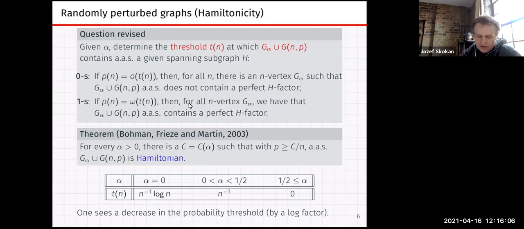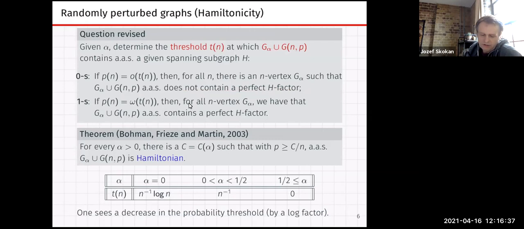So what does it mean? There are two parts to this story. One needs to show that if your p is little-o of this threshold function t(n), then for every n, you must be able to find one example of an n-vertex G_alpha such that if you take the union of G_alpha with G(n,p), then asymptotically almost surely it doesn't have a perfect H factor.